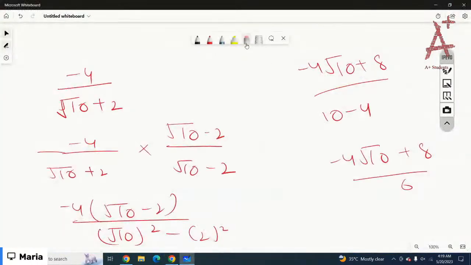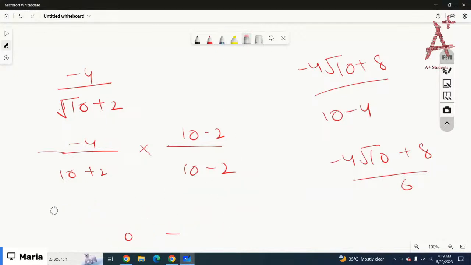Oh, it would be 10 plus square root 2. Sorry, not square root 10. It would be 10 plus... okay, let me do it again.